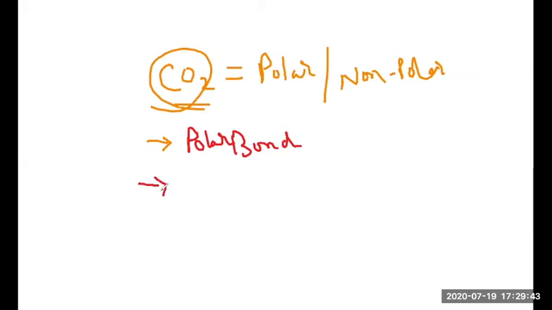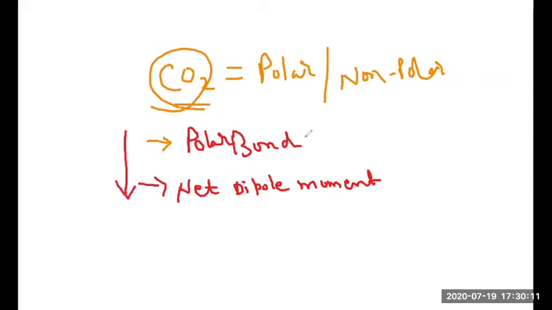Second condition, you have to have a net dipole moment. This term is important. You have to satisfy both these conditions before you can say the molecule is polar, and you have to go through this sequence.